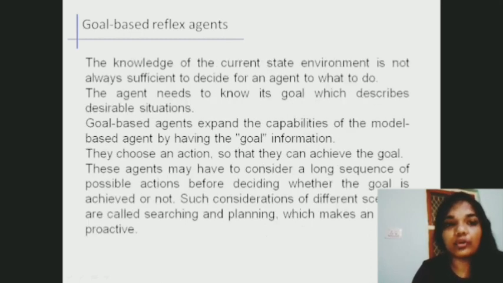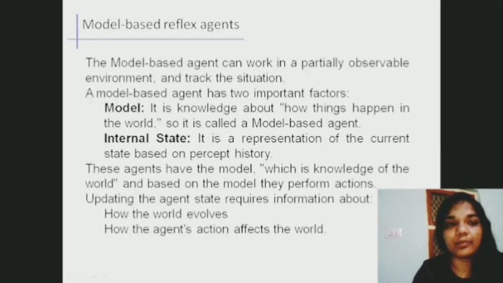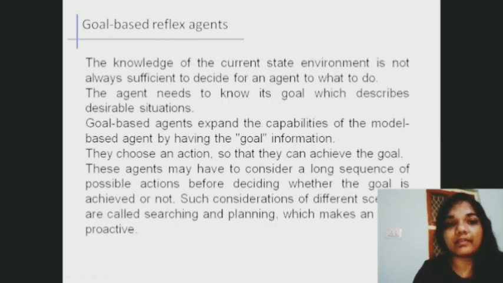Now then comes goal-based agents. See what happened in the model-based agents. Basically, it was considering the current state and the previous state or the historical state. But if we talk about goal-based agents, they take into consideration what your actual future goal is. So this is again much better than all the previous agents. How? What happens in goal-based agents?